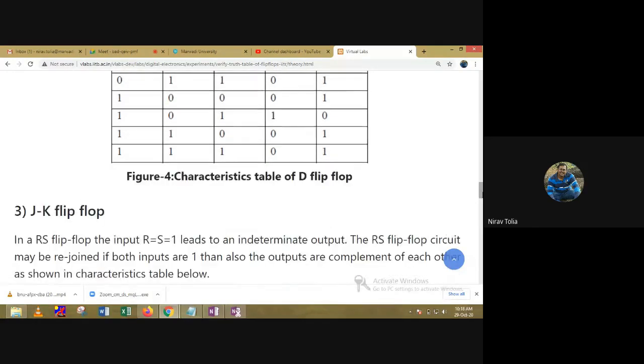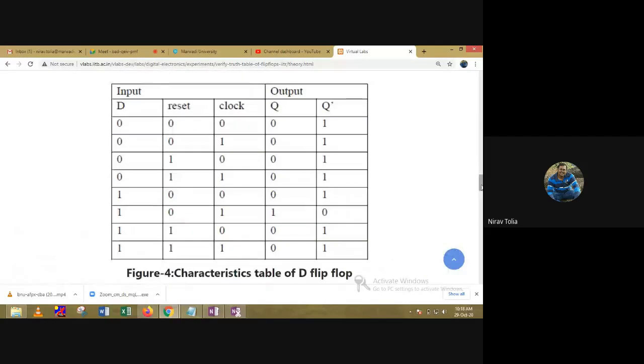So it is the characteristic table. We have to make a truth table. Let me write down the truth table of the D flip flop.